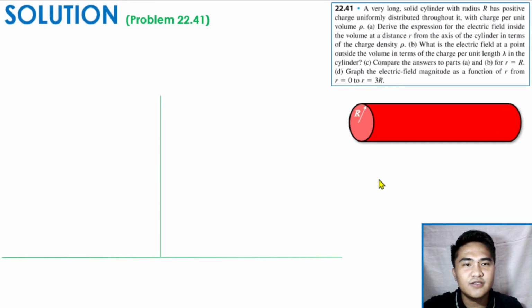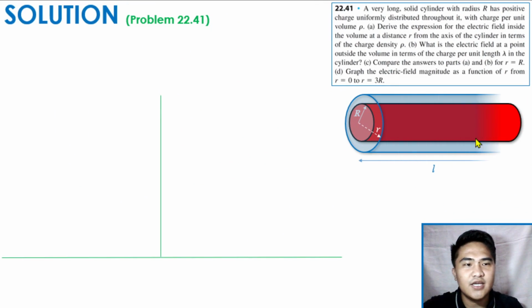So to solve this, we will enclose the solid cylinder with a Gaussian cylinder or imaginary cylinder, and the solid cylinder has the radius of big R while the Gaussian cylinder has a radius of small r.